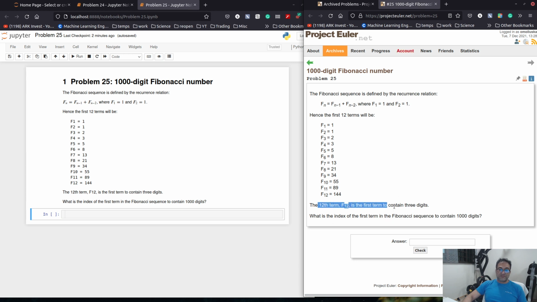The 12th term, F12, is the first term to contain 3 digits. What is the first term in the Fibonacci sequence that contains 1000 digits?